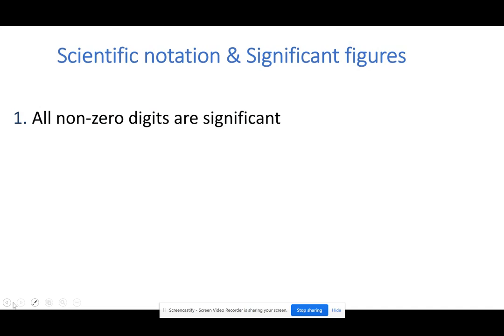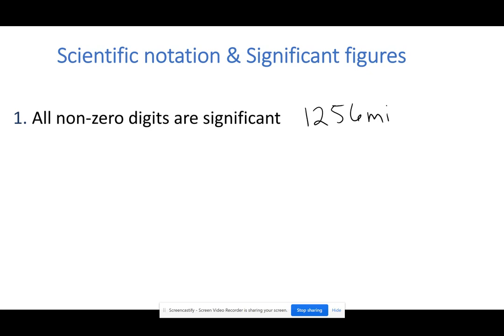All non-zero digits are significant. Zeros are when things start to get a little bit tricky. All non-zeros are significant. So if I read a number like 1,256 miles, none of those digits is a 0, which means all 4 of those are significant.